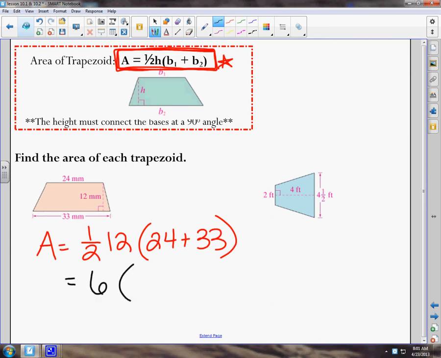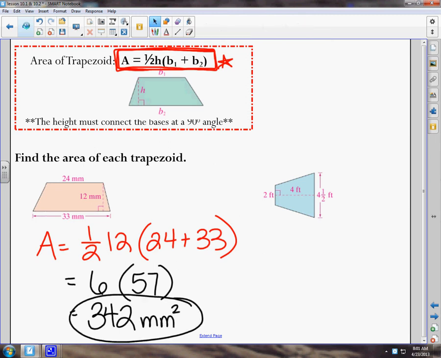So then they do 6, and 24 plus 33 is 57. Then you just take out your calculator and do 6 times 57, which equals 342 millimeters squared. All right, try this next one and then we will go over it.